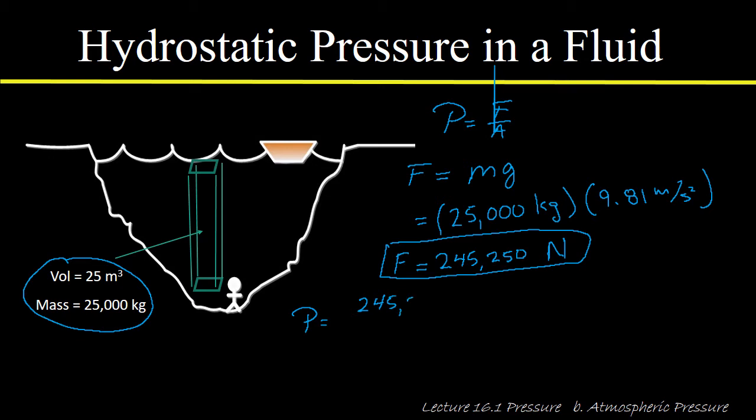is 245,250 newtons divided by the area, and the area of this little part right here, because we chose it that way, was 1 square meter, right? So the pressure is 245,250 newtons per square meter, which is 245,250 pascals.